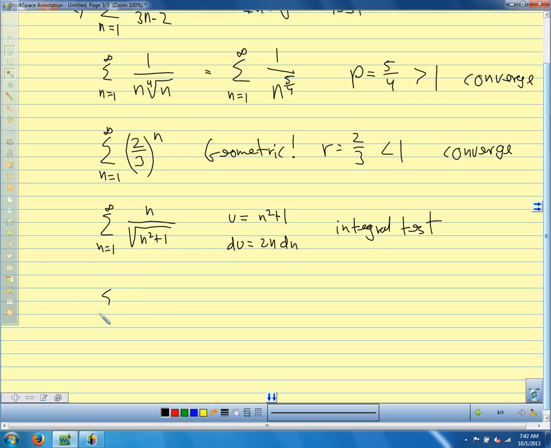How about n equals 1 to infinity, 1 plus 1 over n to the n. What do we want to do with this one? This one's like a gift.